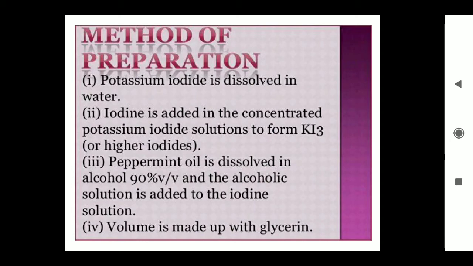The above solution is added to the peppermint oil dissolved in alcohol. The alcoholic solution is added to the above iodine solution. The final volume is made up with glycerin. Glycerin produces prolonged contact with the mucous membrane and also prolonged action of the medicament in the throat.